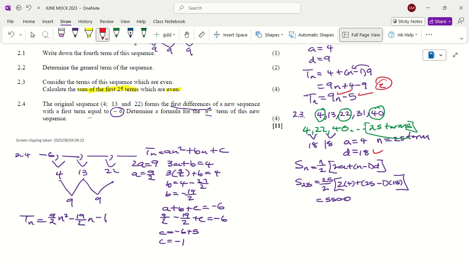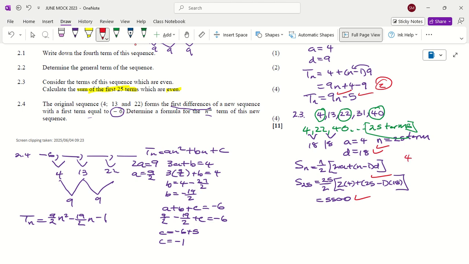And then you get a mark for the correct substitution into the sum of an arithmetic series, and then you get a mark for the answer.